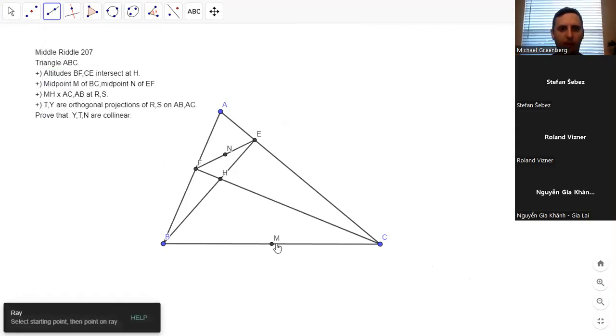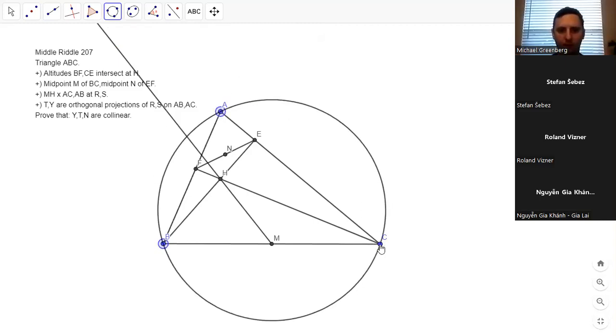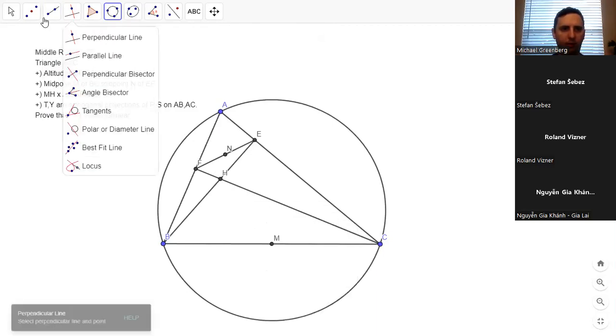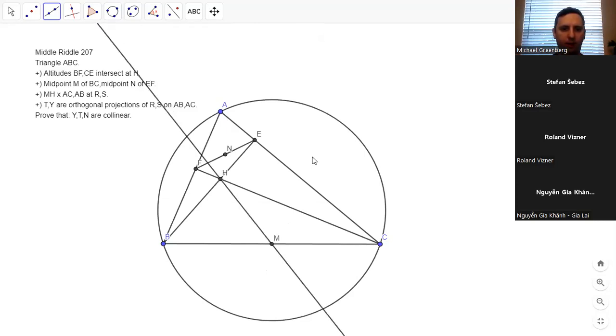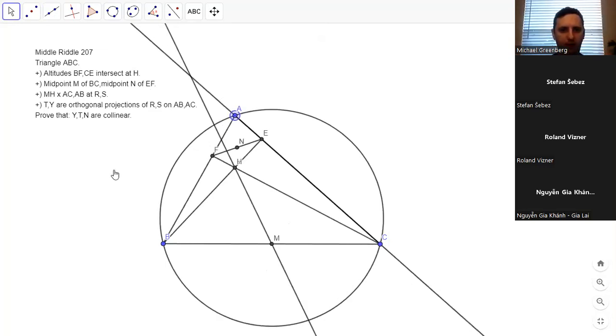And we know MH passes through the antipode of A. So it might be worth drawing that. Yeah, let me make this a line instead of a segment. So yeah, that's a well-known fact. MH passes through the antipode of A, and we want to see where it intersects AC and AB. So something like that.